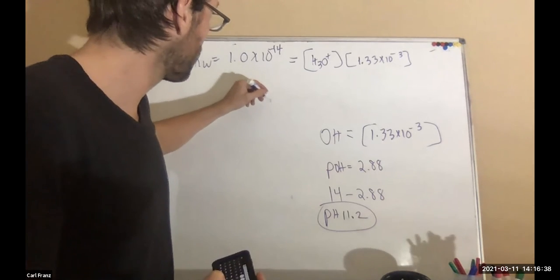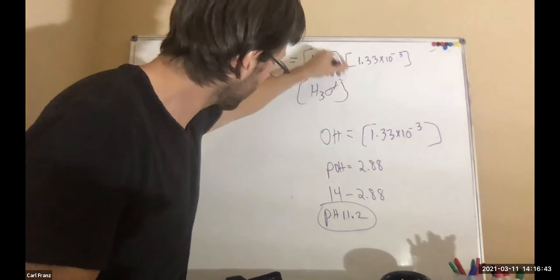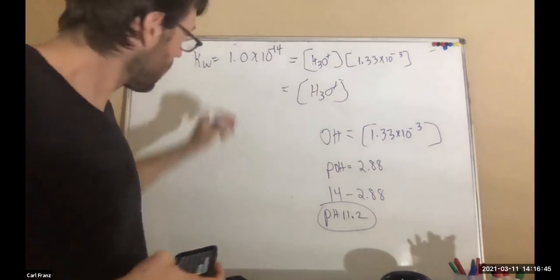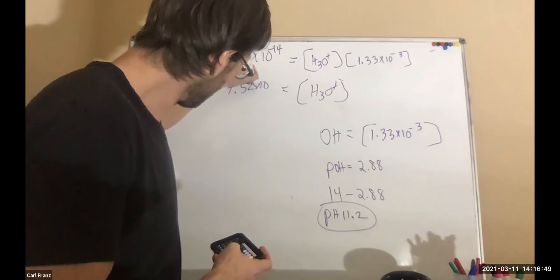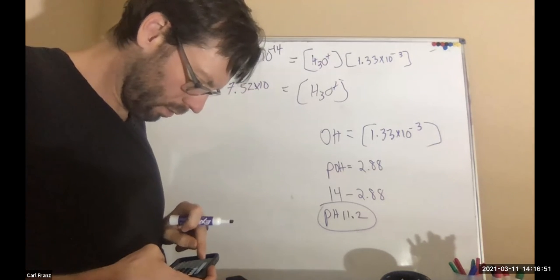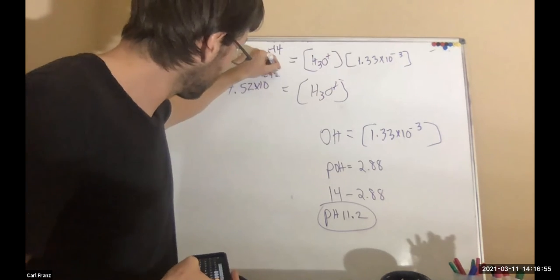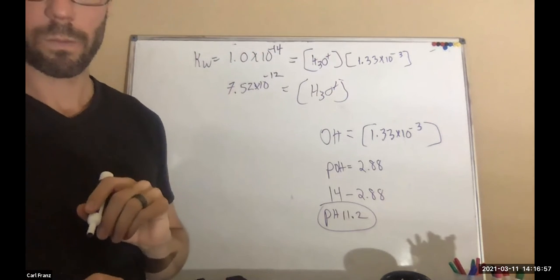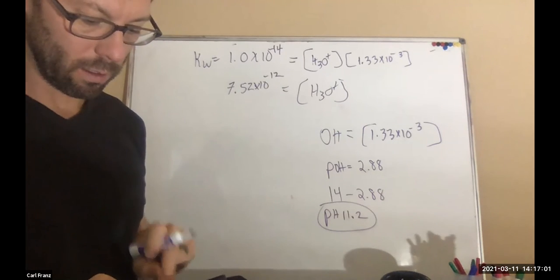We get our hydronium ion concentration being equal to 7.52 times 10 to the negative 12. Okay. Now let's take the negative log of that.